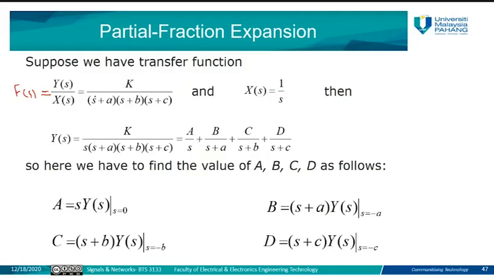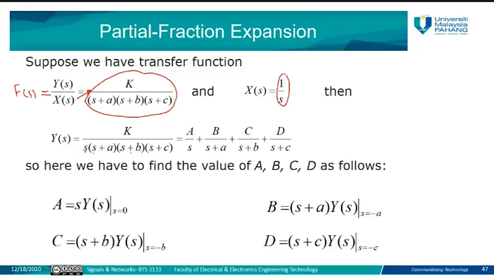This is the given input for your system, for example. So if you want to find Y(s), Y(s) is equal to X(s) times this function. X(s) is already given, 1 over s. So it becomes K over s(s plus a)(s plus b)(s plus c).